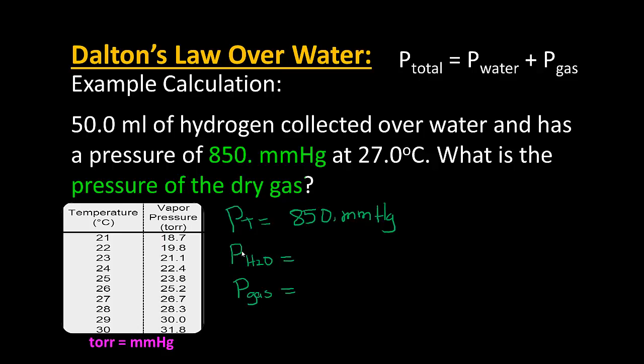Okay, so it doesn't give us the pressure of the water, but we have to have it. So we're going to use this 27 degrees C and come over here and look at water vapor pressure in torr. And by the way, a torr is equal to a millimeter of mercury. At 27 degrees, the water vapor pressure of just water is 26.7 millimeters of mercury.